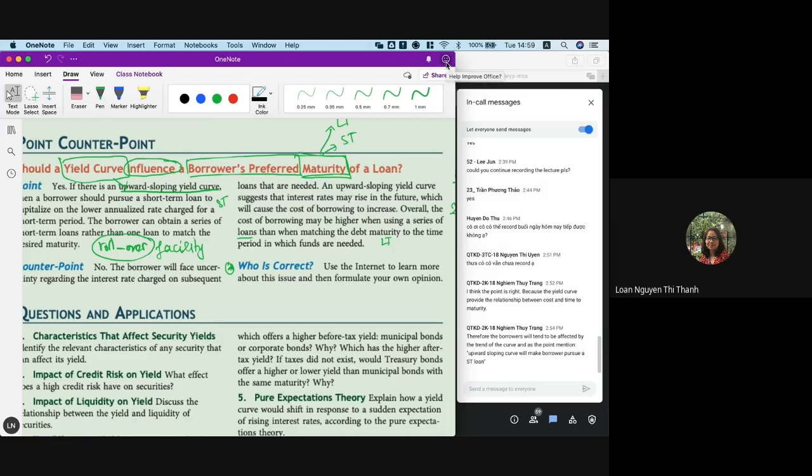Remember, the shape of the yield curve is affected by demand and supply and expectation of the interest rate. And the yield curve is used to determine the market expectation of the future interest rate. Remember that?